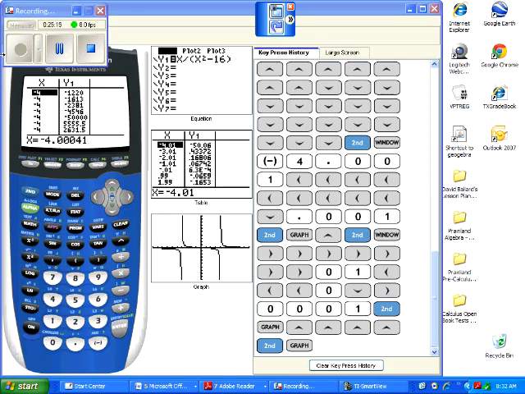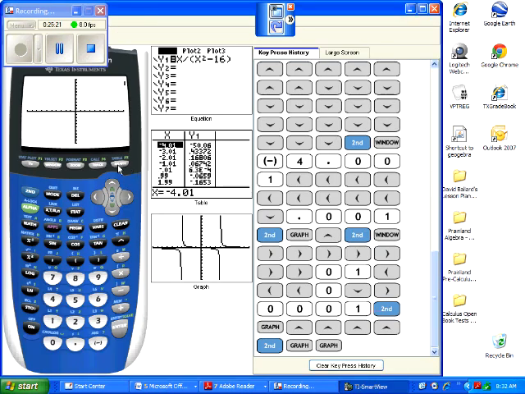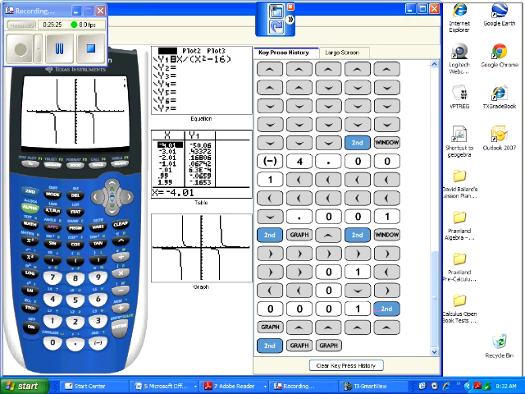I'm just going to go back to graph. So we can see that as we approach -4, we're approaching infinity. Now, the question is, does the limit itself exist?